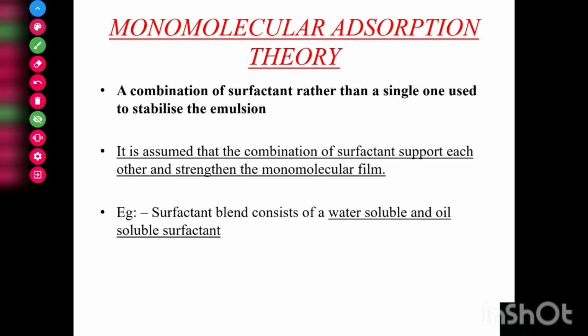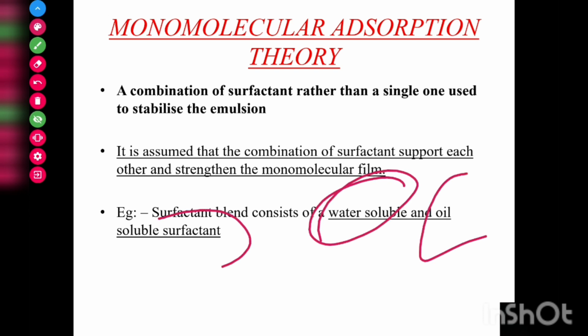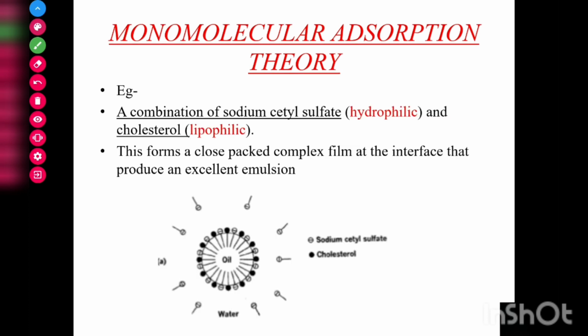The surfactant blend may consist of water soluble and oil soluble surfactants. For example, a combination of sodium cetyl sulfate and cholesterol. Here we are using a combination of hydrophilic and lipophilic surface active agents.